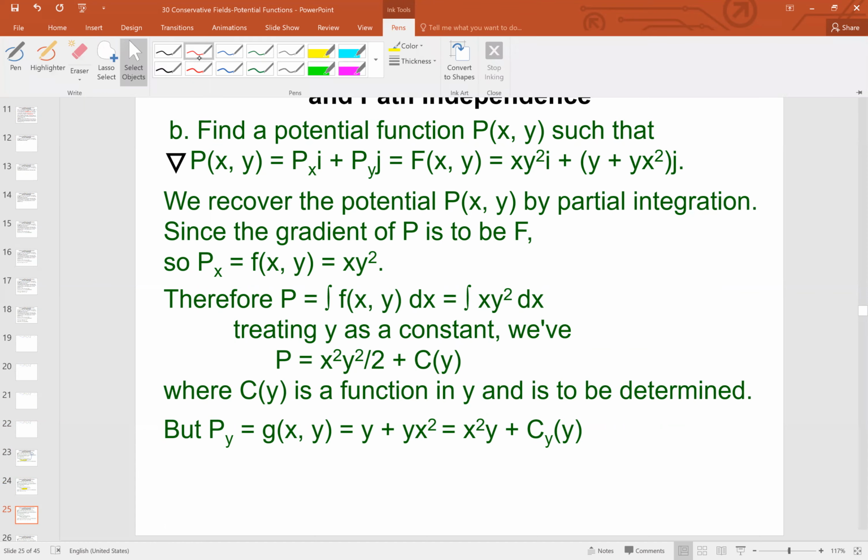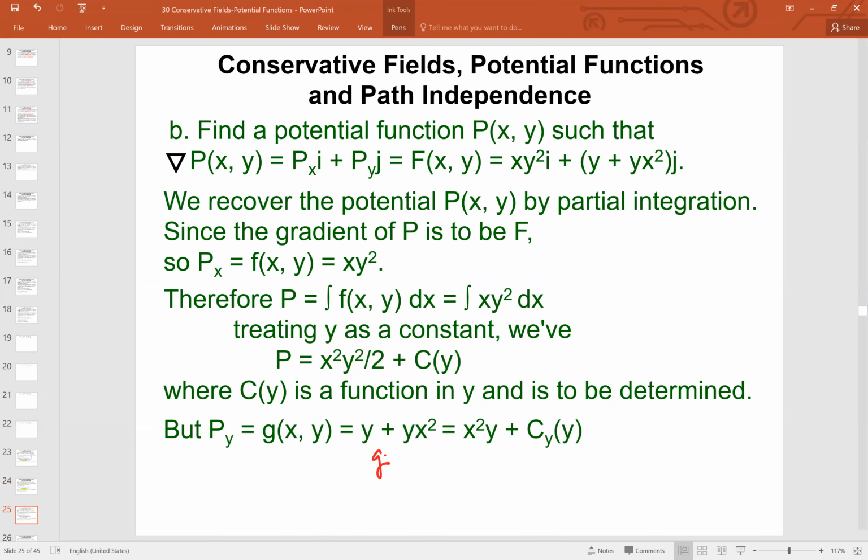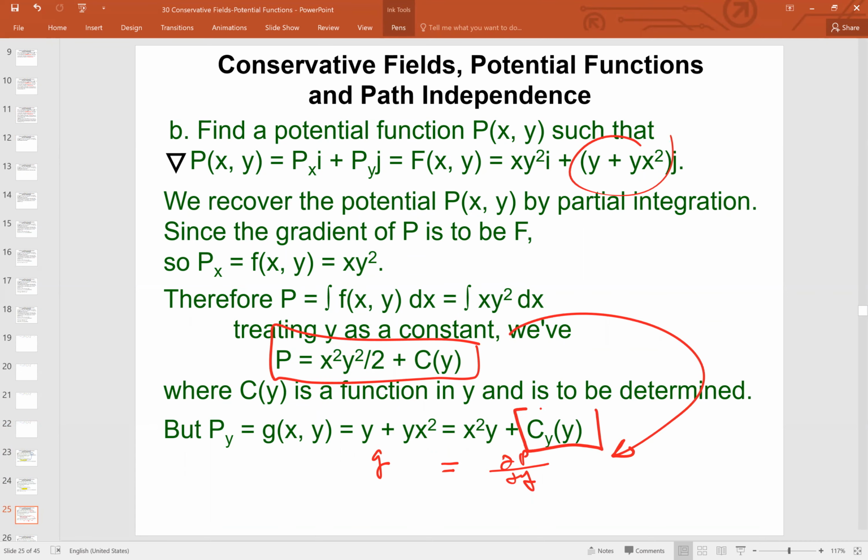And then I compare this g, which is from here, with the partial of this with respect to y, partial p, partial y, and these two are supposed to be the same. So that tells me this has to be equal to that after canceling.